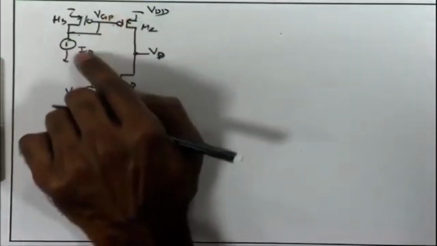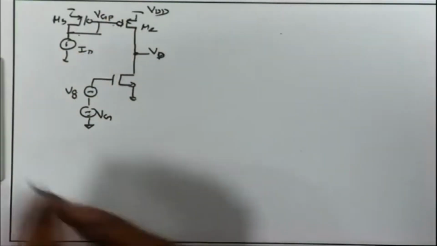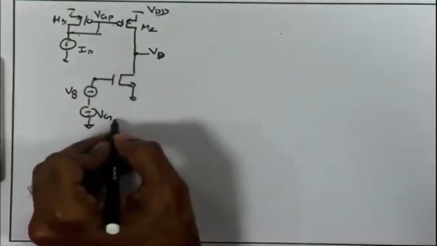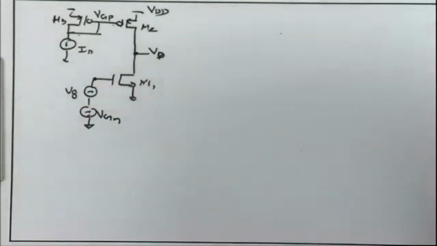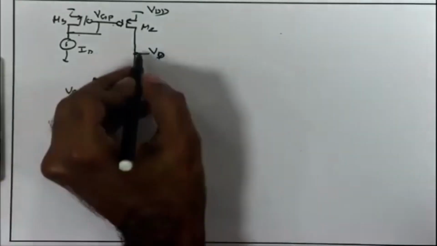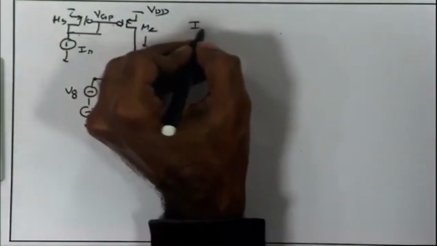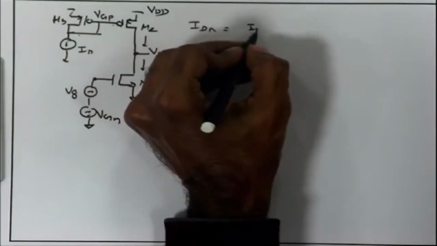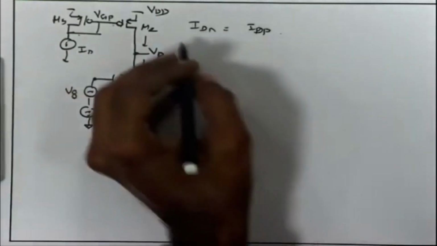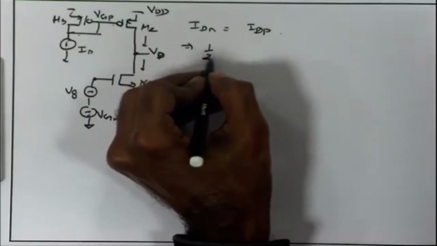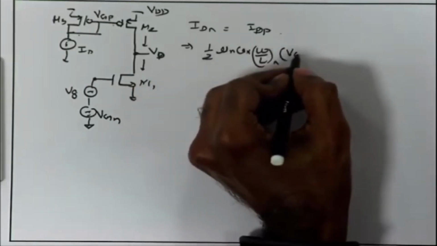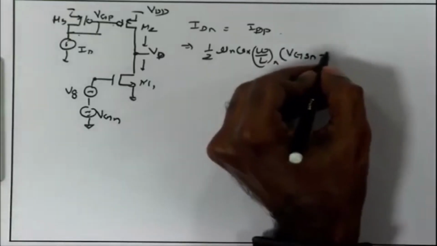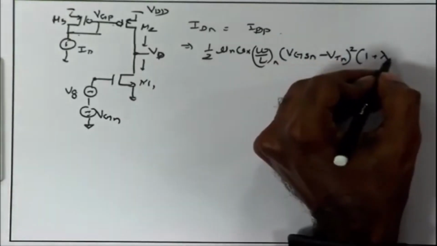We just saw how to calculate VGP for a given ID, and likewise the capital VGN is also fixed. So, the DC gate voltage of M1 is also fixed. Now, if you want to find out the relationship between the VD and the device parameters, I can just equate the currents through NMOS and PMOS. I can write down IDN is equal to IDP, and there once again if I put in the equation, which is VGSN minus VTN squared times 1 plus lambda n VDSN.